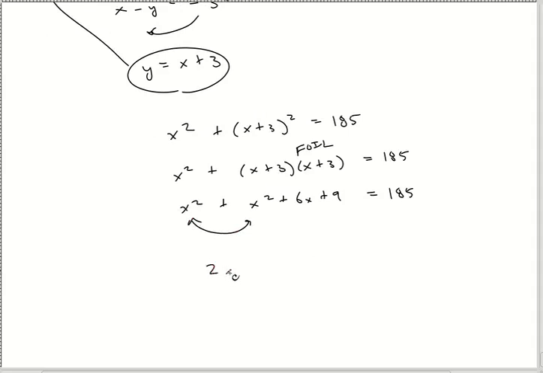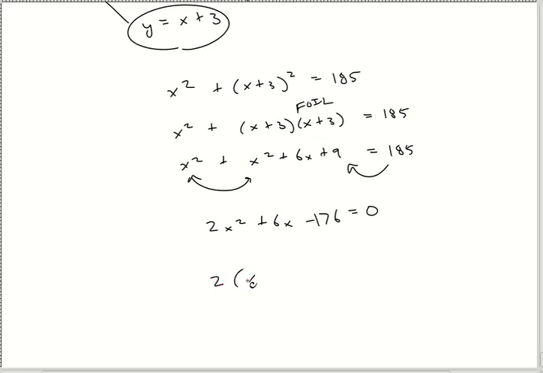They actually combine. And I'm going to move the 185 to the other side. So I got 9 minus 185 is a negative 176. One thing that immediately pops out to me is that I could take a 2 out of all these guys. Divide by 2, and I got a negative 88.